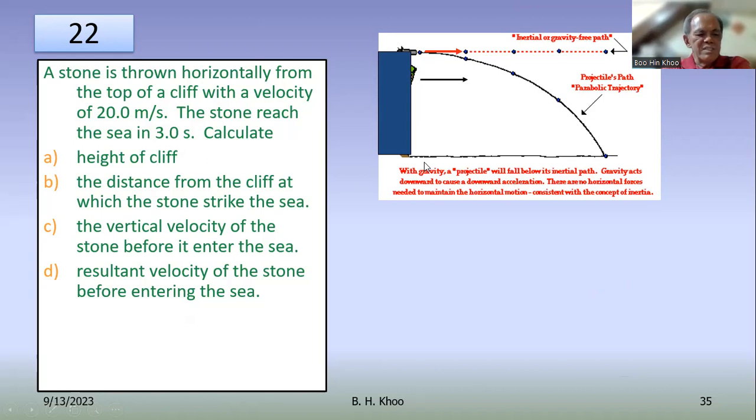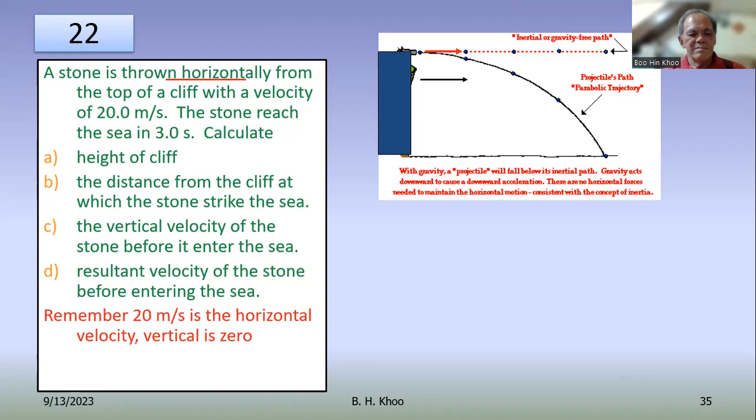The vertical component of velocity of the stone when it enters the sea at this point. The resultant velocity of the stone before entering the sea. Okay, let's do one by one. Height. So we consider vertical motion. Right?